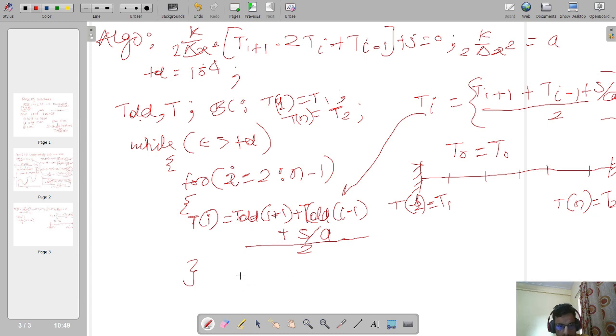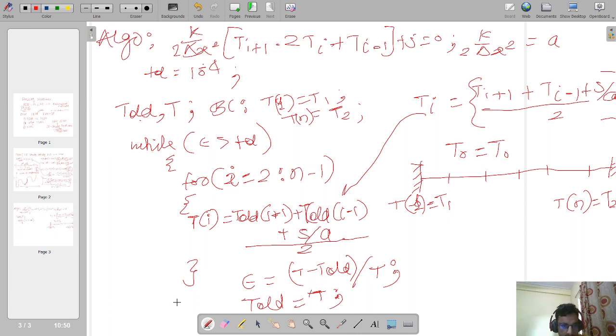The first thing that we'll calculate after this is the error, that is the difference. You can take it as relative, so that is the difference between the temperature of the old and the current iteration, and then you update the temperature. You say that the old temperature is the current temperature, so that when we move on to the next iteration, it considers the previous temperature.